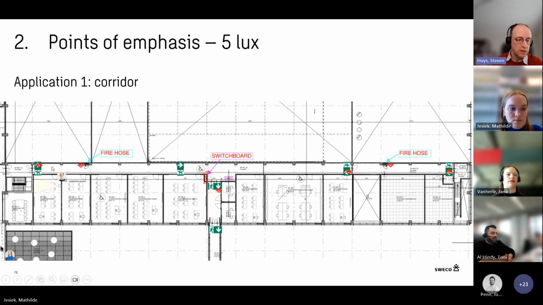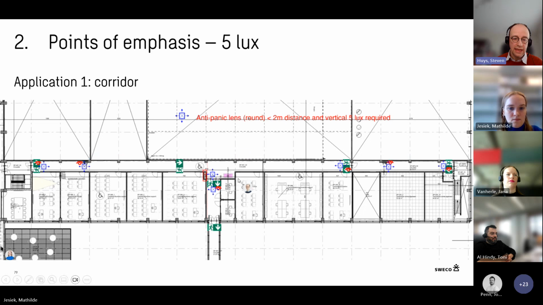So the fire buttons are next to the fire hoses and next to the doors. We have also a switchboard here in the corridor. Then at those points, we add a luminaire in front of it to have the requirements of the 5 lux met.